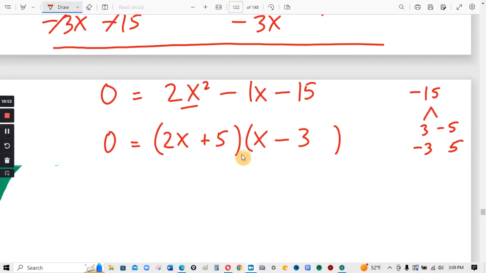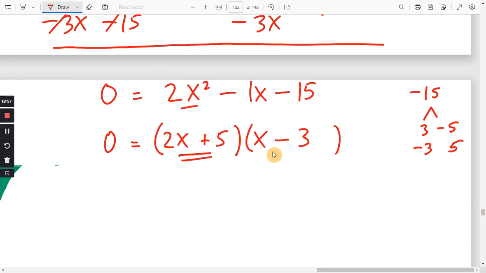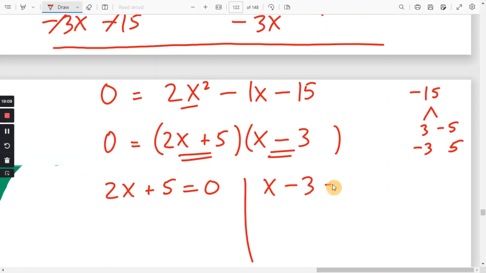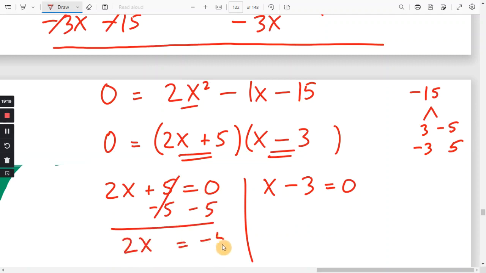Anything times 0 equals 0, so either one of these can equal 0. So 2x plus 5 equals 0, and also x minus 3 equals 0. Negative 5 on both sides cancels here. 2x is going to equal negative 5.